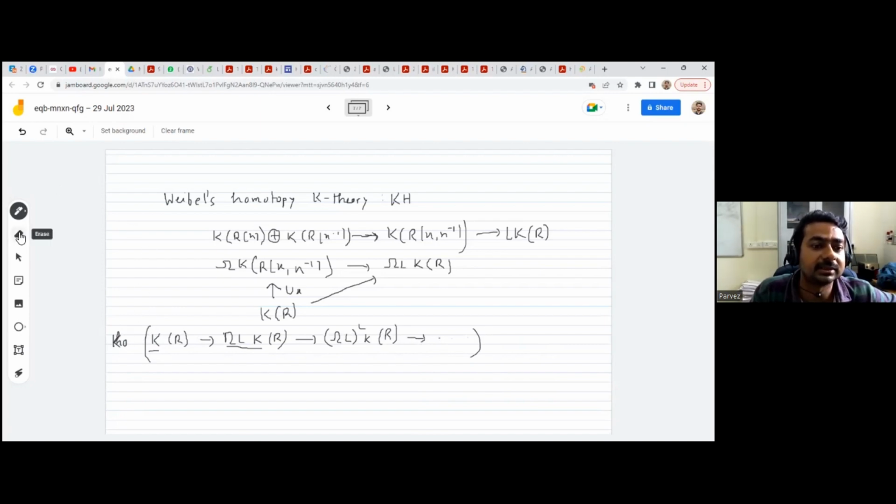These are all spectra, and there is a model structure, this is the homotopy category, so you take the homotopy limit, holim.